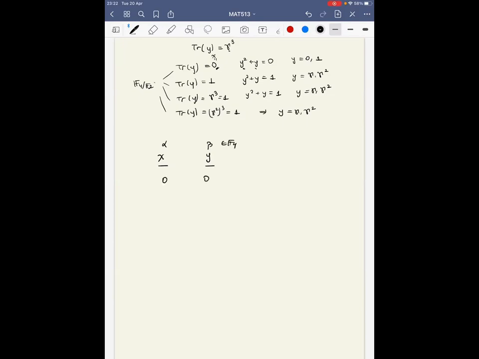So for alpha and beta from F4, we get the coordinates of the places as (0,0), (0,1), (1,gamma), (1,gamma square), and (gamma,gamma), (gamma,gamma square), (gamma square,gamma), and (gamma square,gamma square).